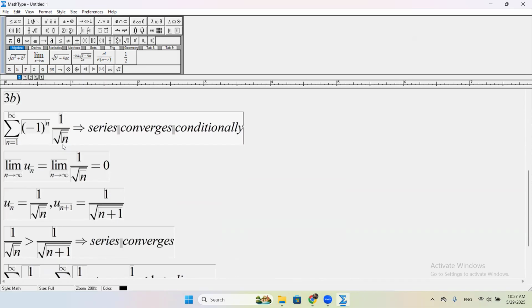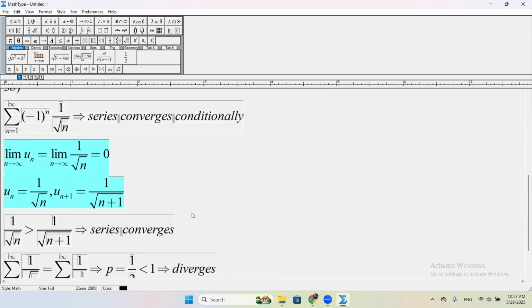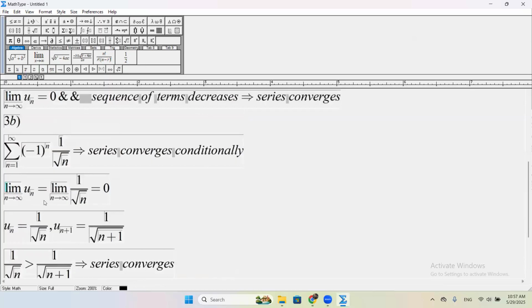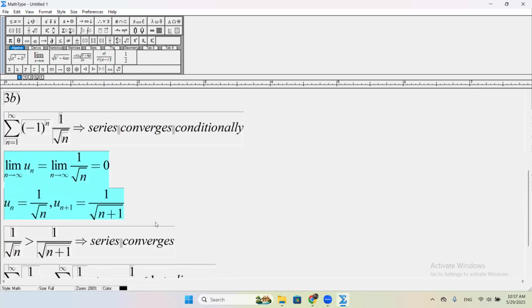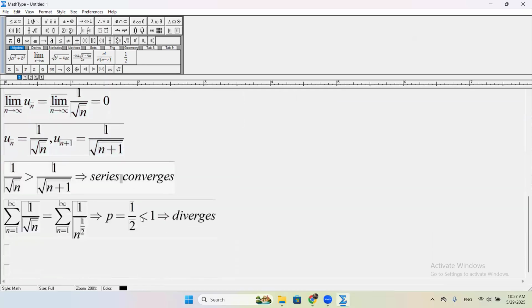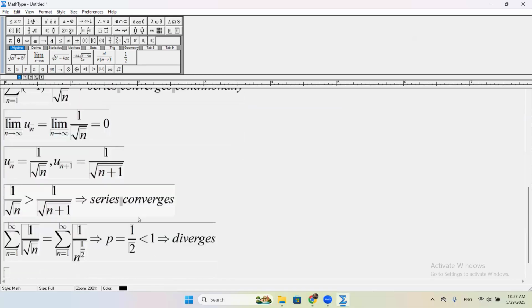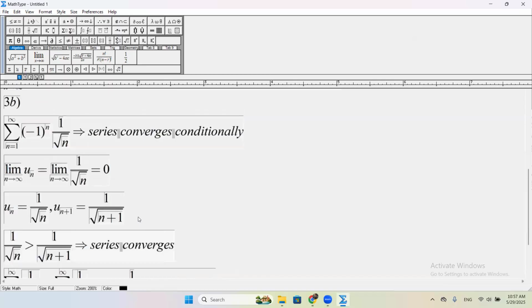But if you see that the series of modules is divergent, you will also have to use the Leibniz test. Here we started with using the Leibniz test, and after that investigated the series of modules, and we concluded that the series converges conditionally. Any questions about this exercise?